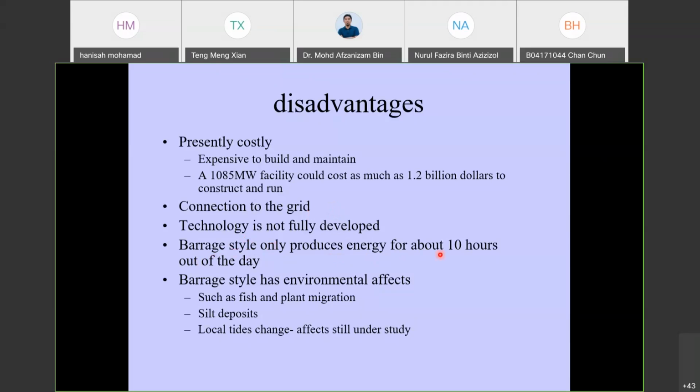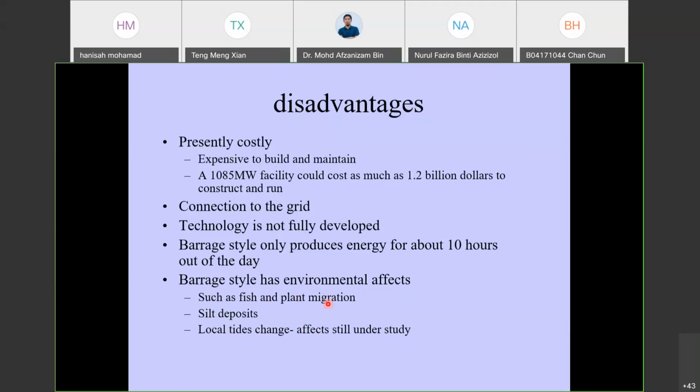Barrage, okay, produces energy for about 10 hours. Okay, barrage has environmental effects: fish and plant migration, silt deposit, local tide change. Of course, if you are going to install or construct your facility to harvest all the energy related to the tidal, you need space underneath the ocean or sea.